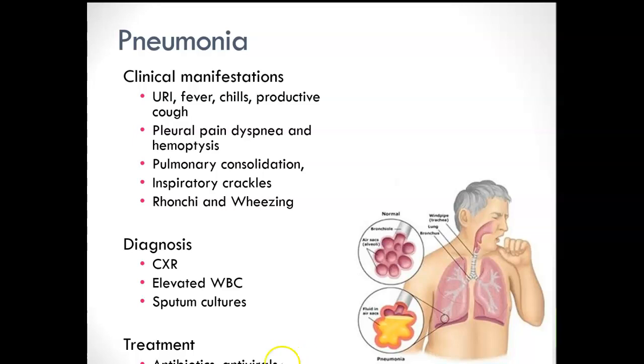Based on that, we'll do antibiotics and antivirals. Probably for pneumonia, we'll start with a broad spectrum, and then once we identify our causative agent, if we can identify it, then we'll move in and give them a different antibiotic, a more specific, narrow spectrum.